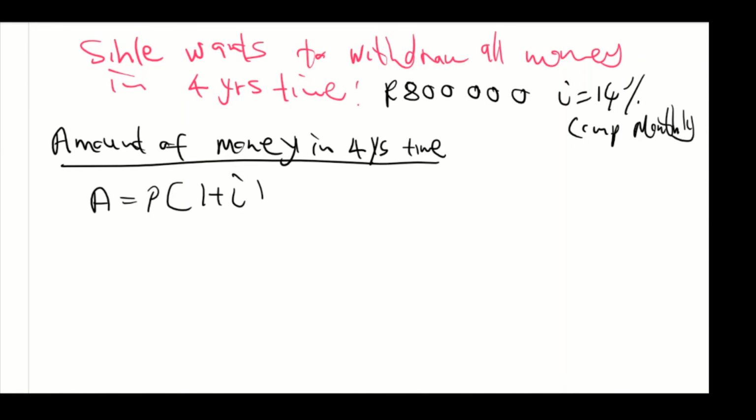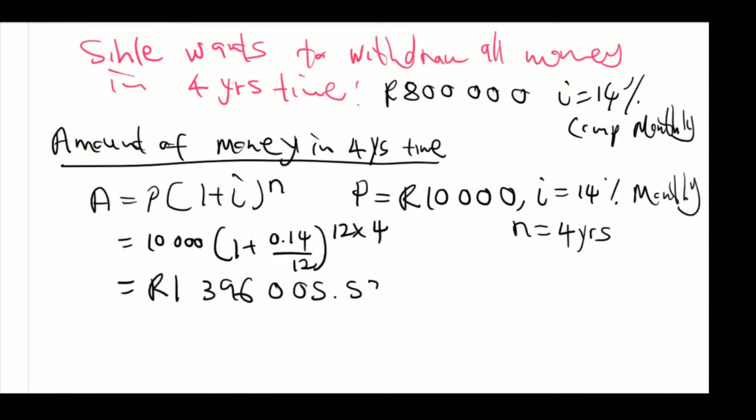So we're going to say 10,000 into 1 plus the interest rate 0.14 divided by 12, to the power 12 times 4. So the amount of money that would be in the account is 1,396,005.535.